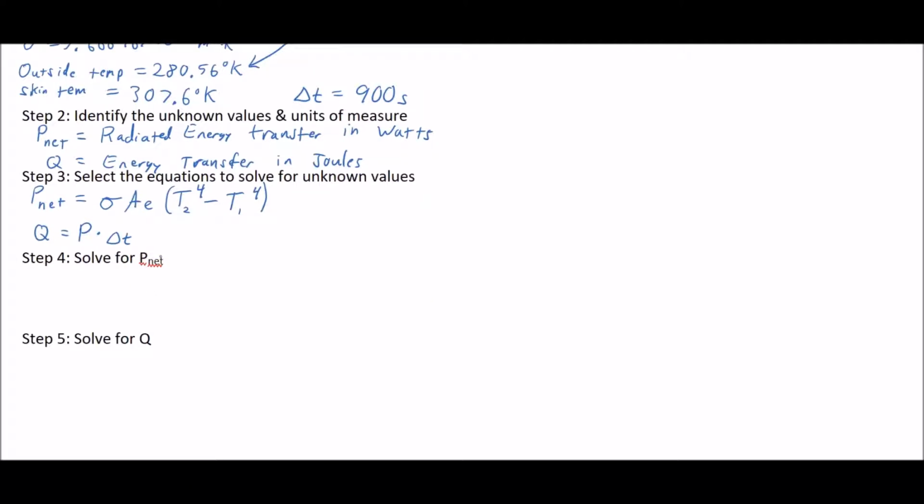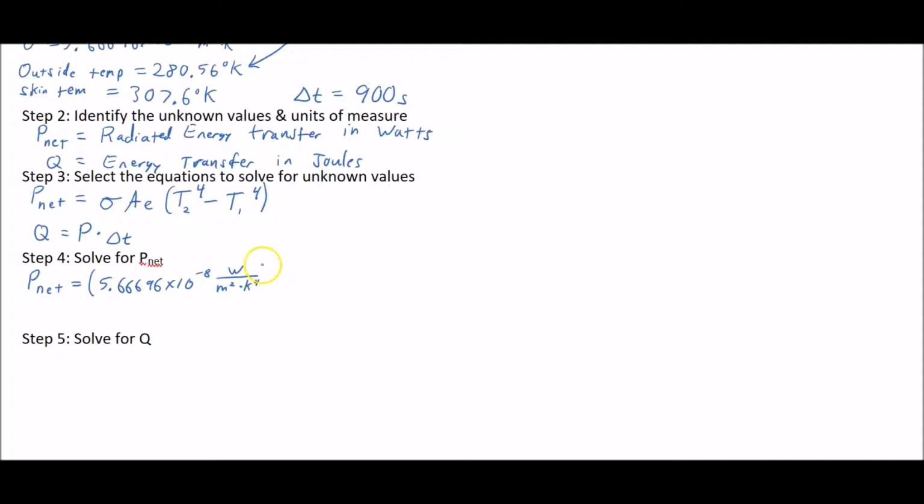Now we need to solve for P net. This one involves a lot of numbers. The first one is Stefan's constant, which is 5.66696 times 10 to the negative 8. And the units for that, like I said earlier, are watts per meters squared Kelvins to the fourth.